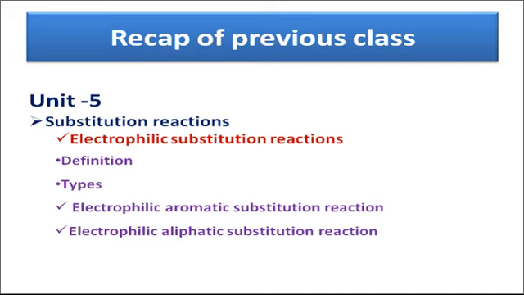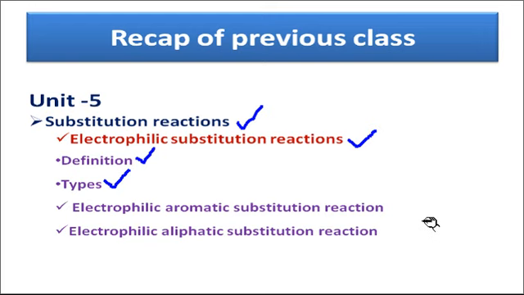Before starting today's lecture, let us look at what we discussed in our previous class. In the last class, we completed the topic of substitution reactions, covering electrophilic substitution reactions, in which we learned about the definition and types of these reactions.